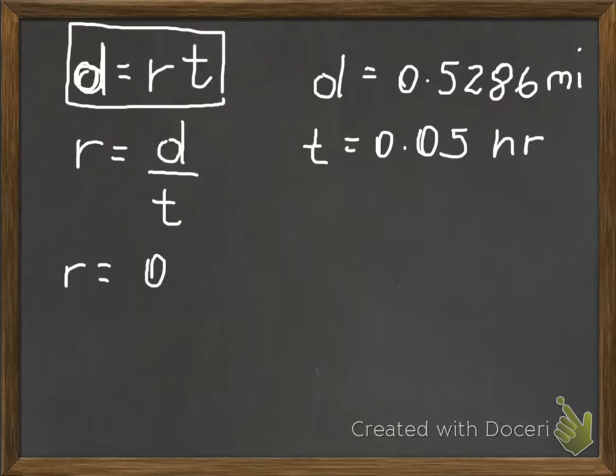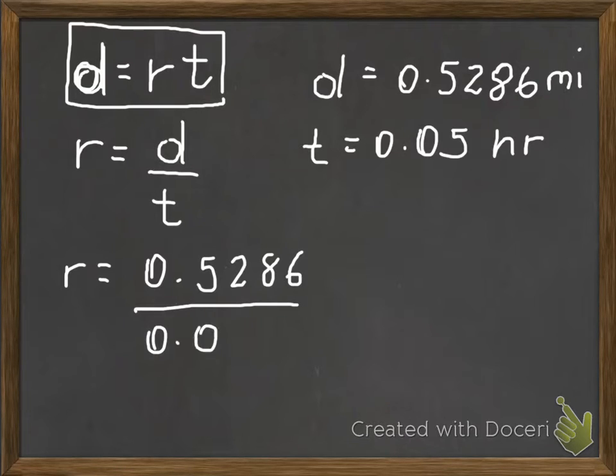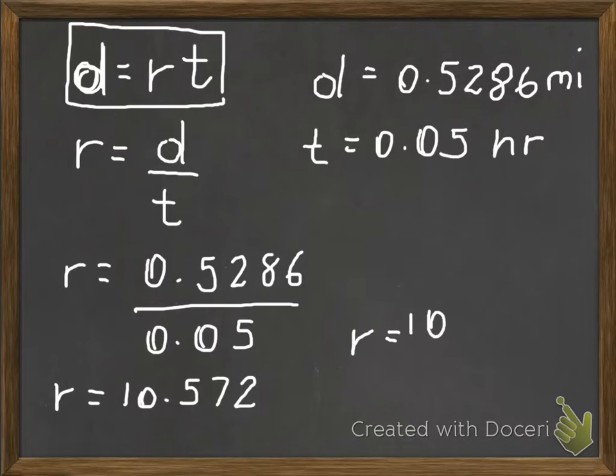Rate or speed equals 0.5286 over 0.05, and we get this speed equals 10.572, and that is approximately equal to 10.6, and that's miles per hour.